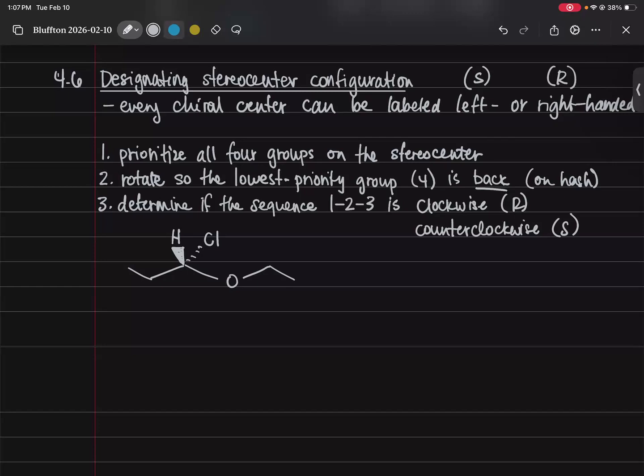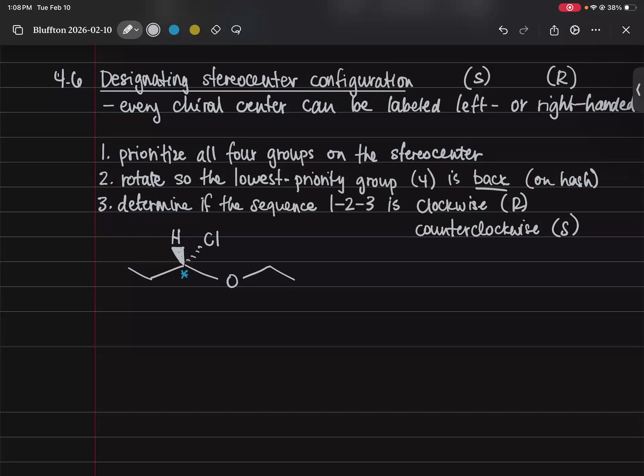And first of all, we should make sure that it is actually chiral, because maybe on the exam, I would ask you to designate all the stereocenters in a molecule, and you want to make sure that what you're looking at is actually a stereocenter. Okay, so we've got the hydrogen, the chlorine, those are both different. There's an oxygen here, that's unique, so that's a different group, and then this ethyl group on the left. Okay, those are 4 different groups, so that is a chiral molecule, and that carbon is a chiral center, stereocenter.